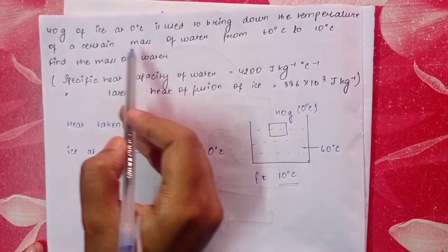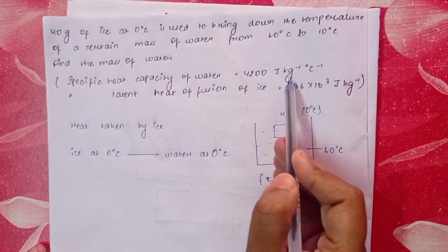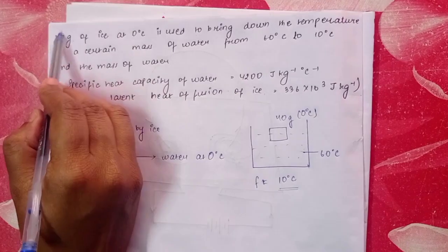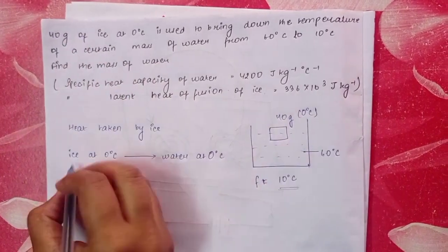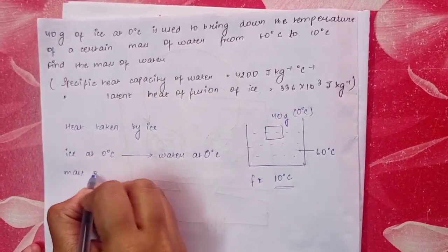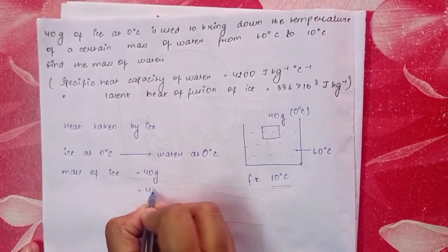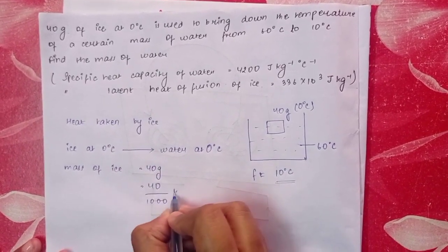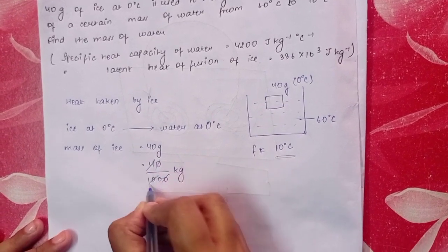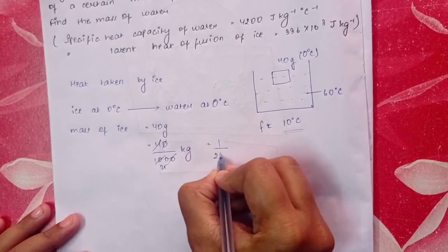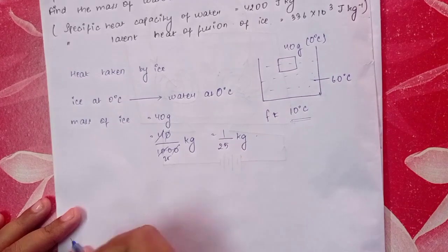So over here, as you can see, our mass is in gram, but our values are in kg. So we will convert this mass of ice into kg first. So mass of ice is 40 gram. That means 40 by 1000 kg. So 1 by 25 kg is the mass of ice.